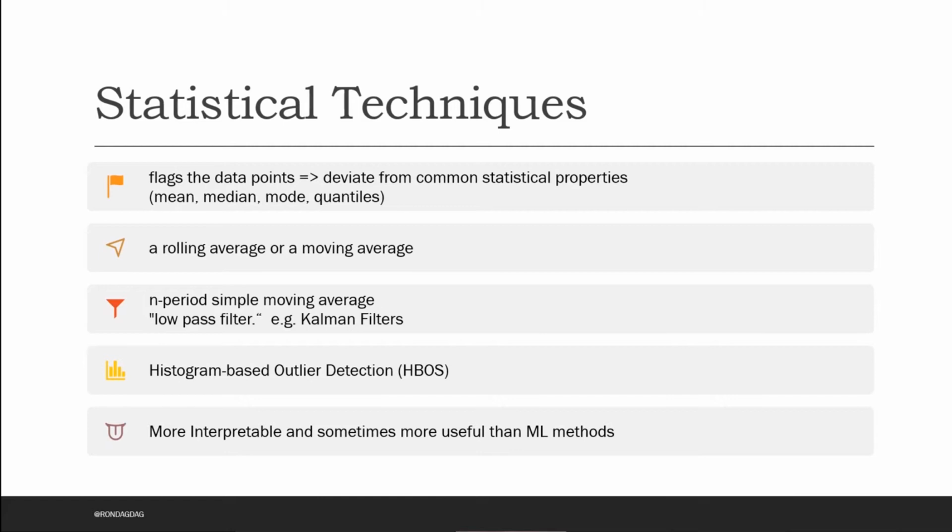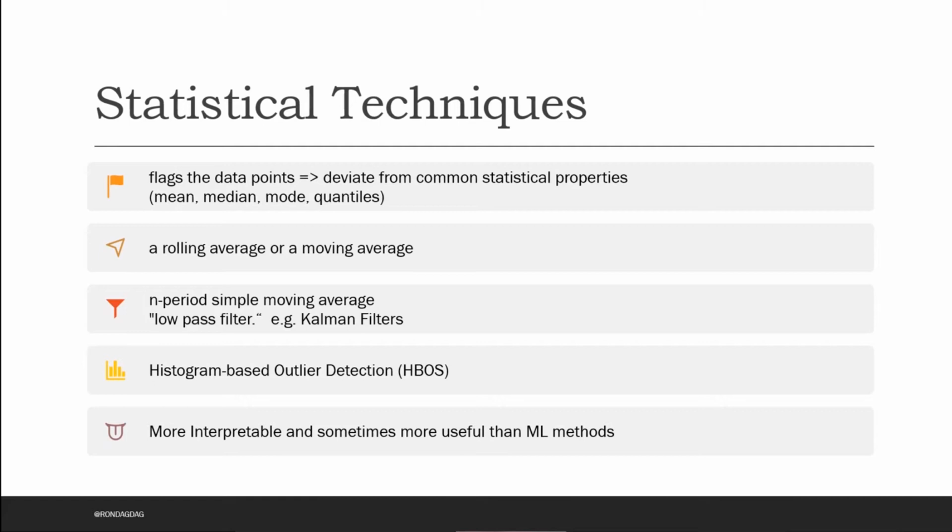Whenever you're working with the stock market and you're trying to identify when to buy and when to sell, you use a lot of statistical techniques to be able to figure that out, and you can use that here too. Another way is through histogram-based outlier detection. You can do moving averages or some filters, like a Kalman filter type.